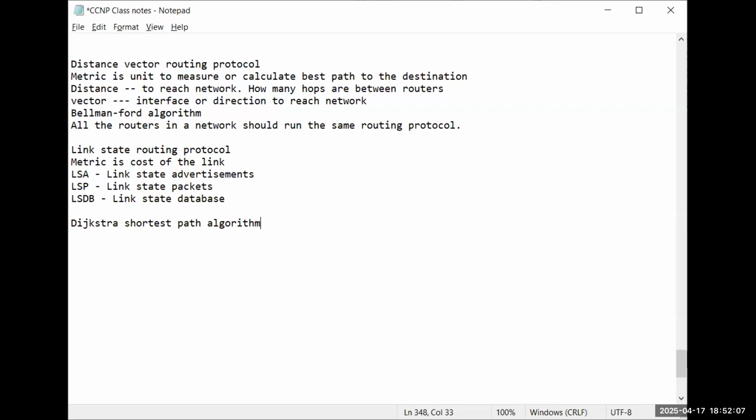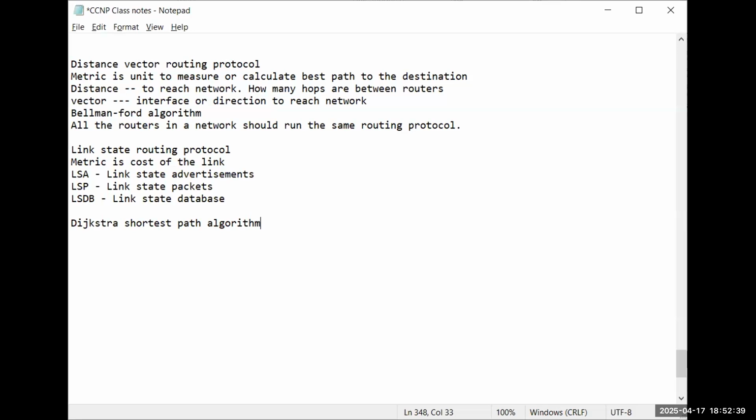But it is the best at finding the best path. Unlike distance vector, where there is a limitation of a maximum 15 hop count, here there are no such limitations. It can contain any number of routers in the network and still find a loop-free and best path.